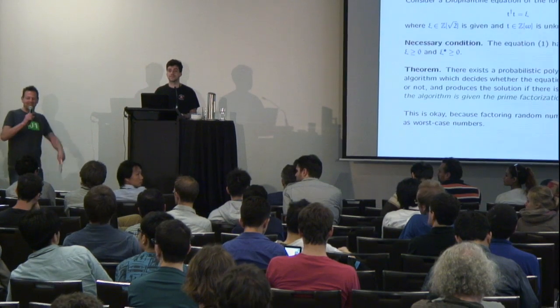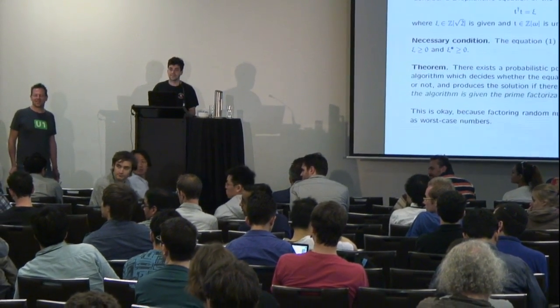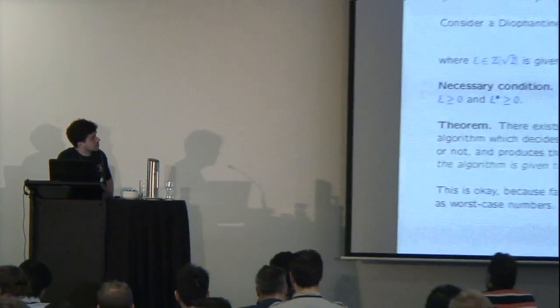Great, yeah. Steve? I have possibly a naive question that exposes my ignorance of number theory. This looks sort of like a generalized Pell equation where instead of having a rational integer on the right-hand side, you have something in the ring Z adjoin root 2. And so what I'm concerned about is the number of bits that you might need to specify the prime factorization.